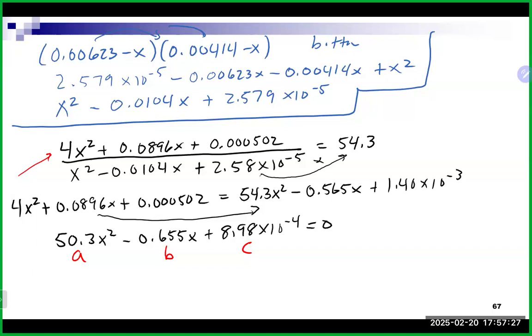Okay. All right. So at this point, x is equal to minus b plus or minus the square root of b squared minus 4ac, divided by 2a. I'm going to get a fresh page. So x is equal to minus b, which in this case turns into a positive, 0.655, plus or minus.